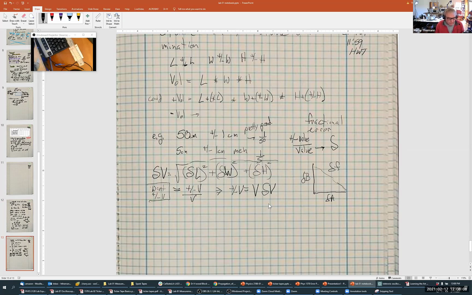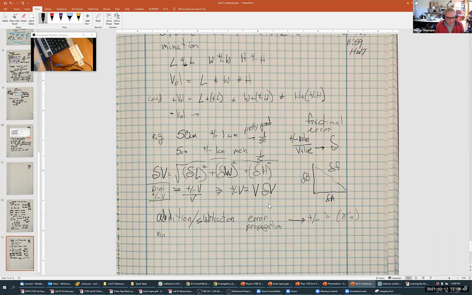So for addition, subtraction error propagation, we use the plus minuses or the sigmas.